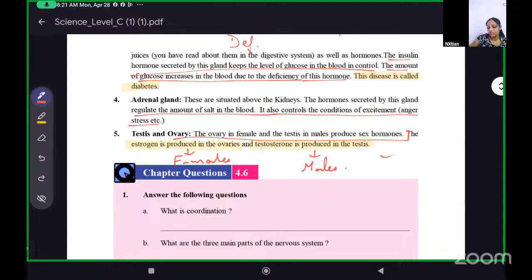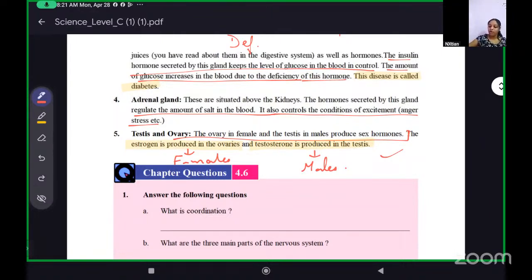These hormones are ultimately responsible for reproduction. They help in all the functions related to it.